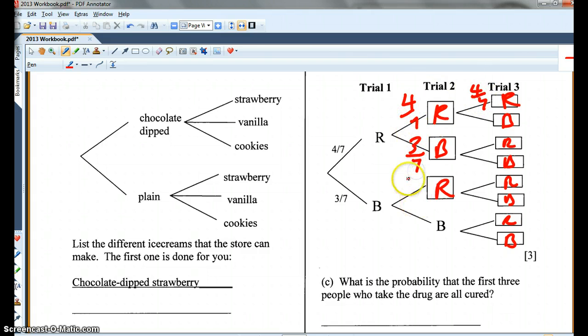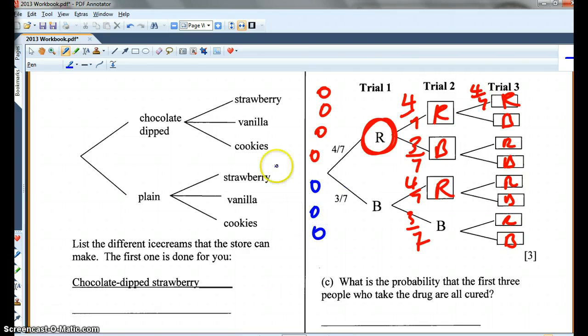That's 3/7, that's 4/7. You're getting the pattern? Every time there's 4 red ones, 1, 2, 3, 4, and then there's 3 black ones. So that is always the same. That's always 3/7, and the top one's always 4/7.